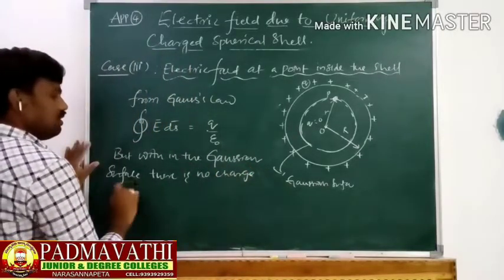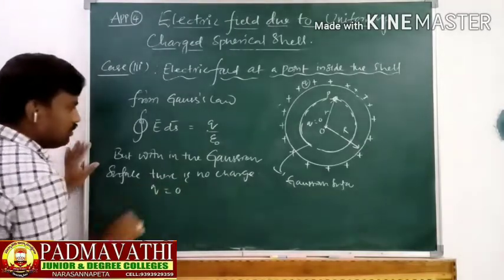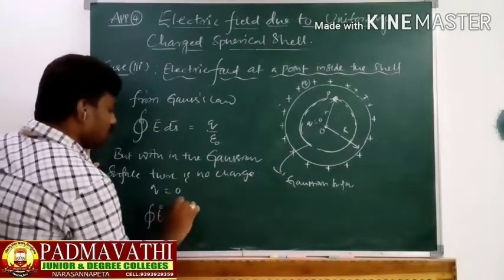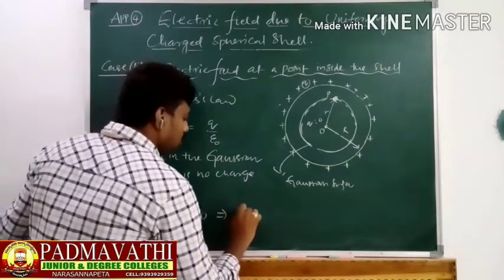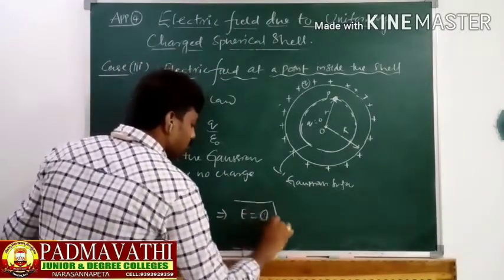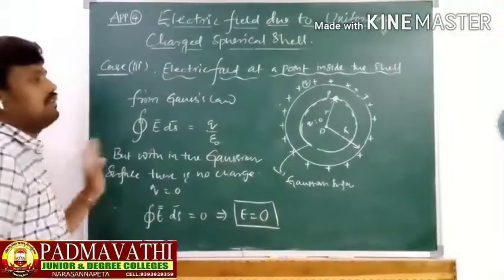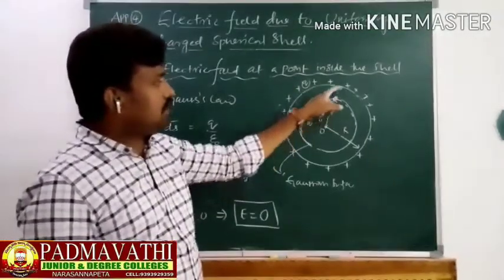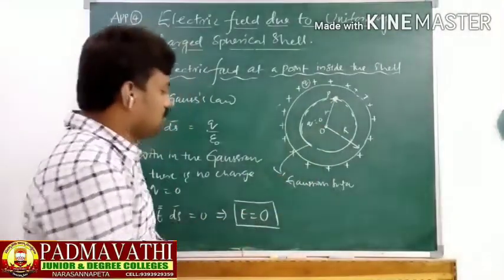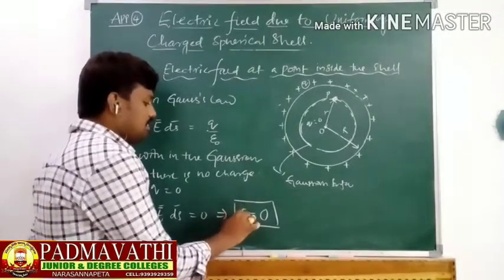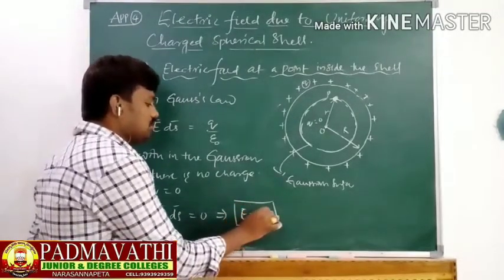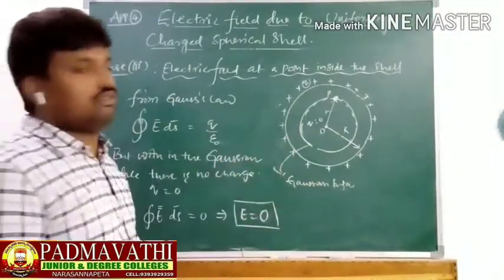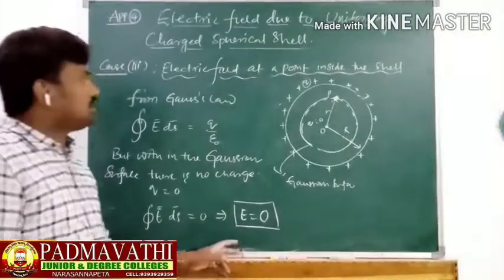Hence Q is equal to 0. Therefore, the integral of E bar dot ds bar is equal to 0. That implies E is equal to 0. So the electric field at a point inside the shell will be equal to 0. Always inside the shell, electric field will be equal to 0. This is a very simple result. As there is no charge inside the shell, electric field will be 0. Very easy result, no doubt.